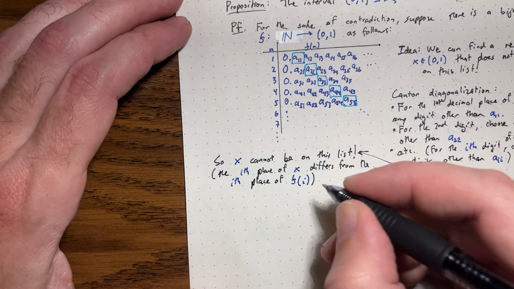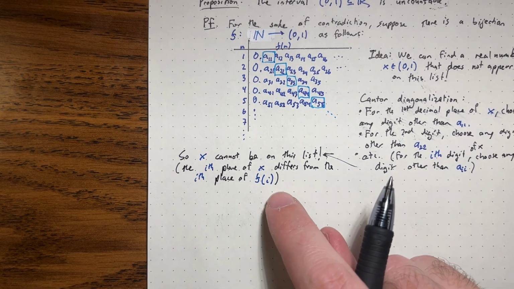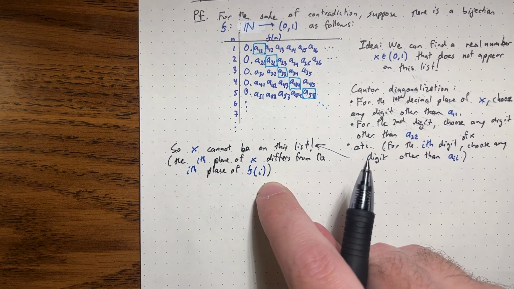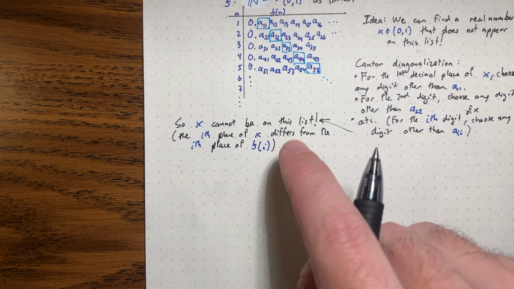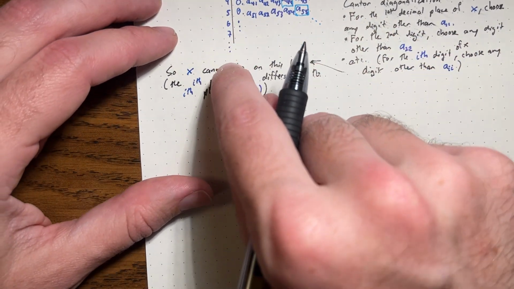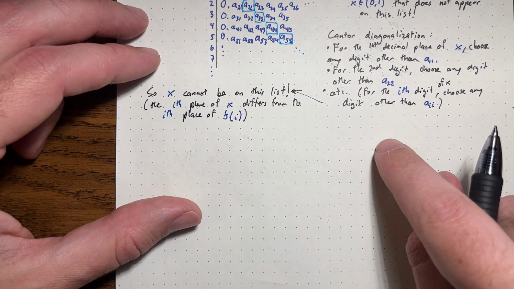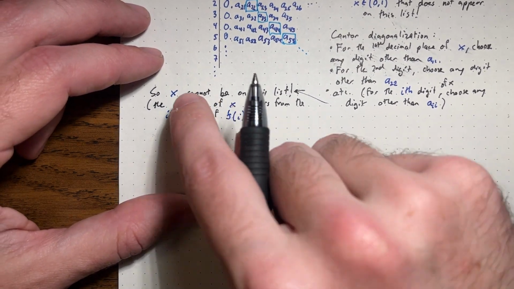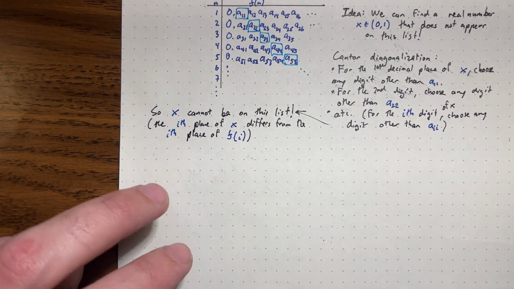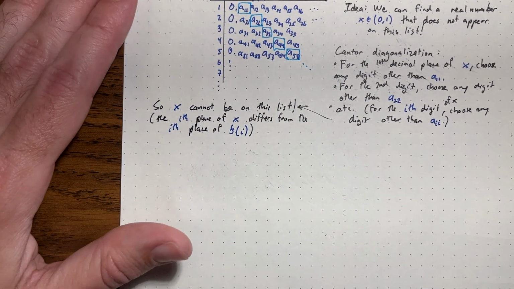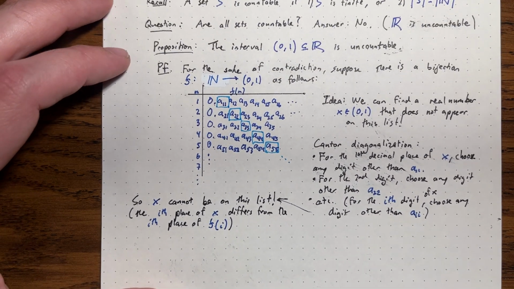That's why. So if you come to me and claim, oh wait, x is in position 257 on this list, I can say, no, it's not, because if you go down to row 257, look at the 257th decimal digit, then that's going to differ from x. And that's, by the way, how this x is constructed. So it cannot be on this list. And that is the proof. That is the idea of Cantor Diagonalization.